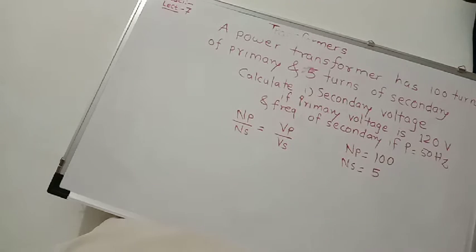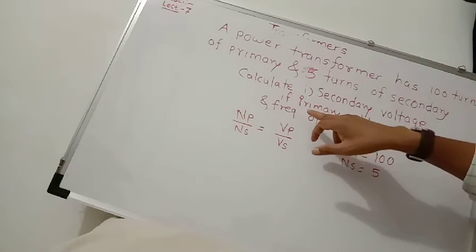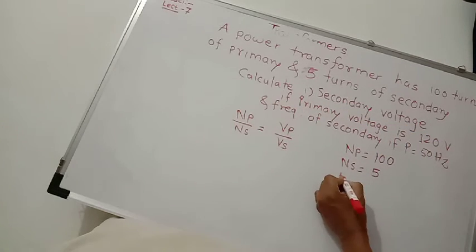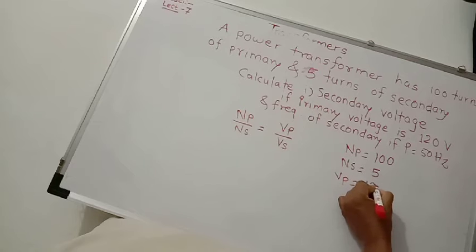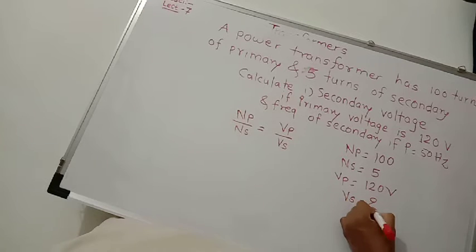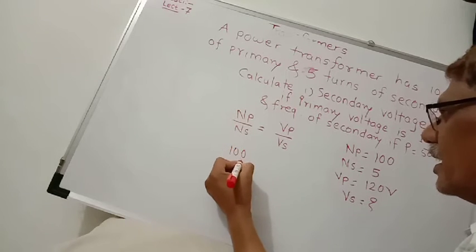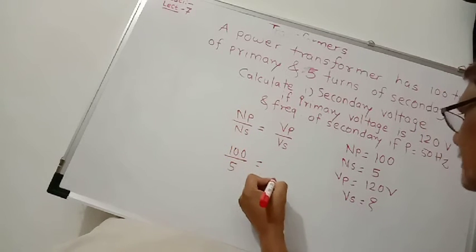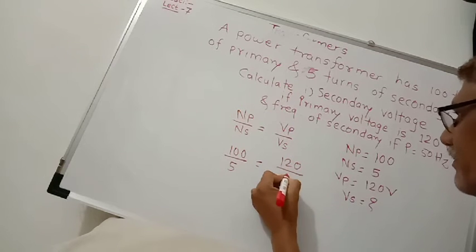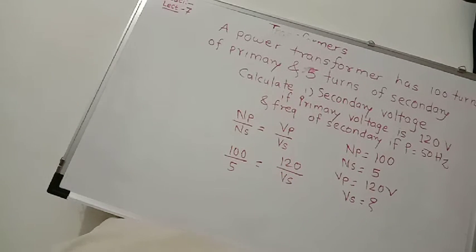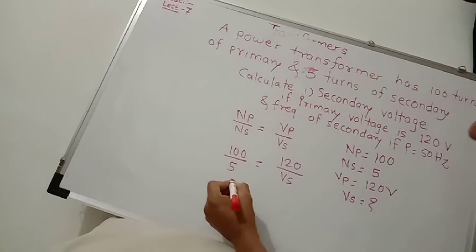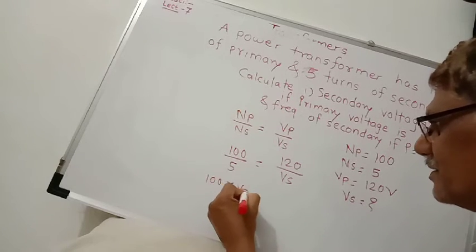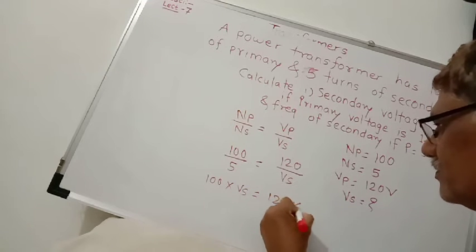So Np upon Ns. We have to calculate the secondary voltage because the primary voltage is given. So the primary voltage Vp is equal to 120 volt, and we have to calculate Vs. So 100 upon 5 is equal to 120 divided by Vs. Now 100 into Vs is equal to 120 into 5.